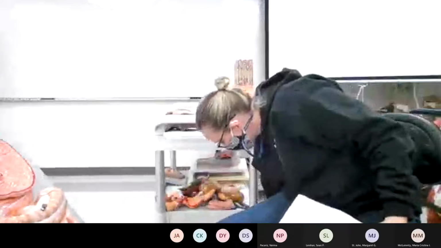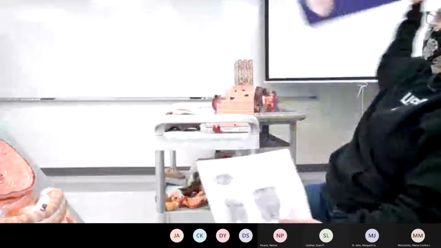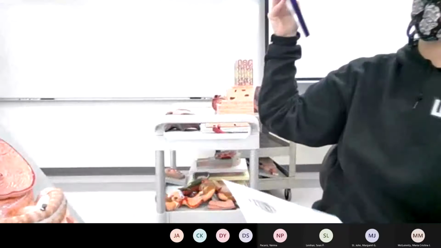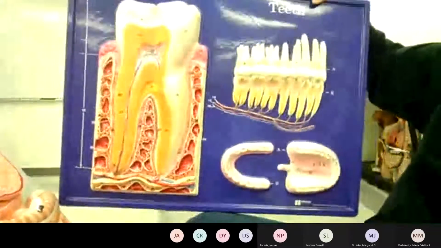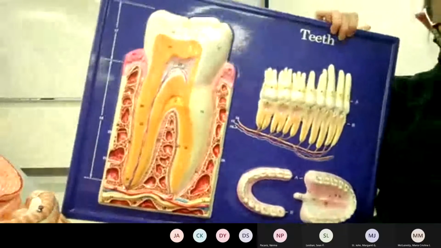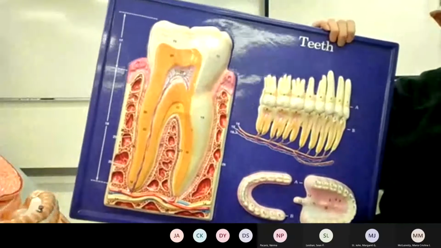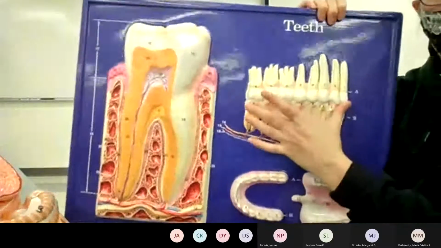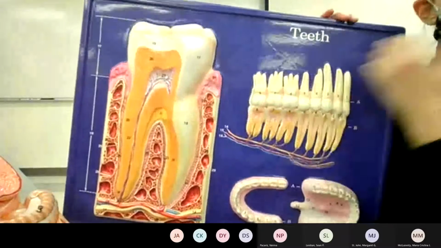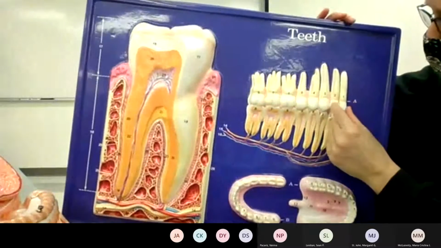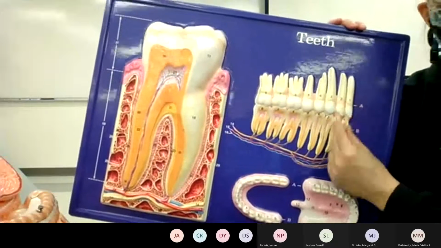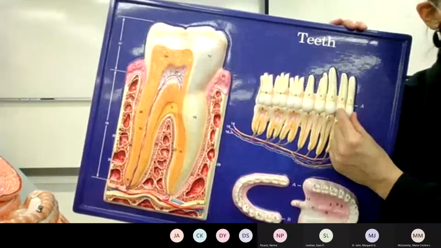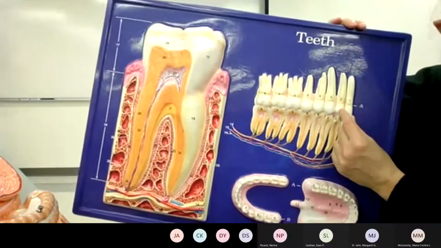And you will have at least 3 pictures of teeth, and they're the 3 represented on this board. So the first question is going to be: which group of teeth are which? The first 2, technically 2 top and 2 bottom, the first ones we normally get in life, are your incisors.